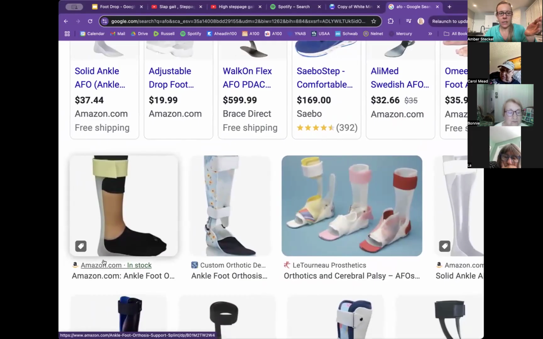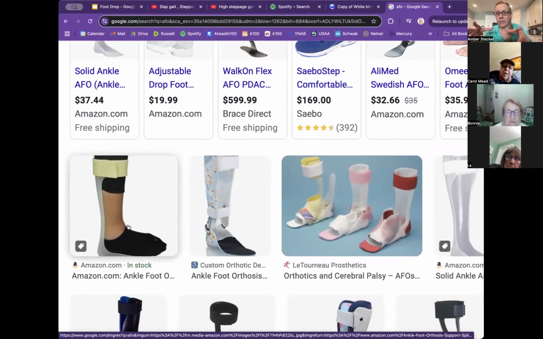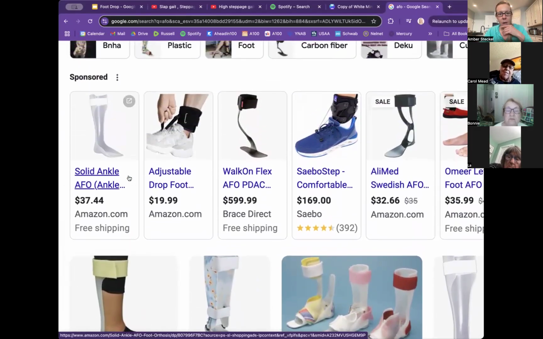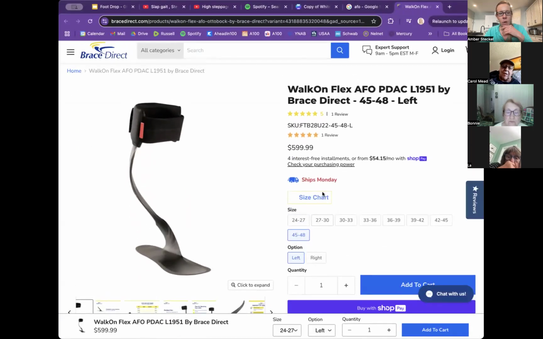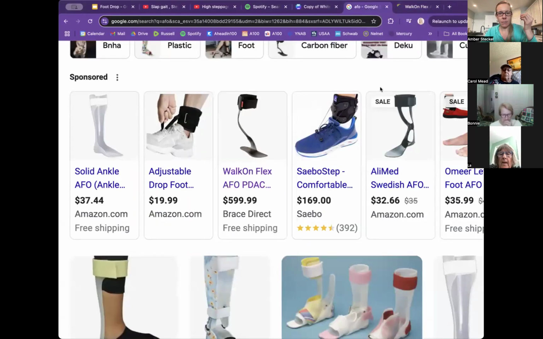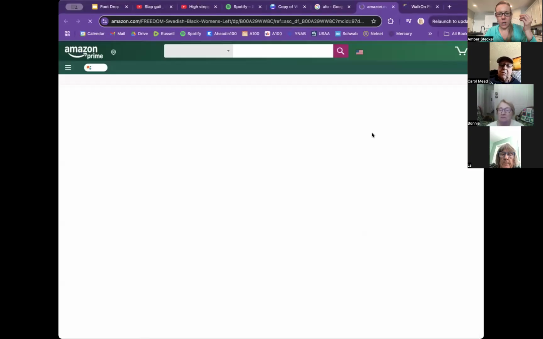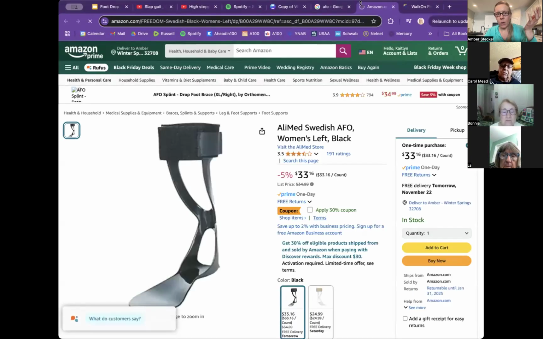It's just that this is like one of the first models, probably the first model that ever existed. It's thick, it's heavy. Now they have some that are a little more low profile, where it's not as thick, it's made of different material that's lighter weight, and it's not quite so obvious, or it's just not as big. There's some like this that aren't as big, and they can be more comfortable.